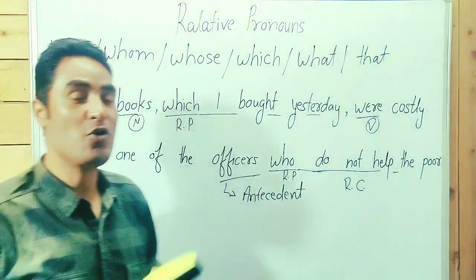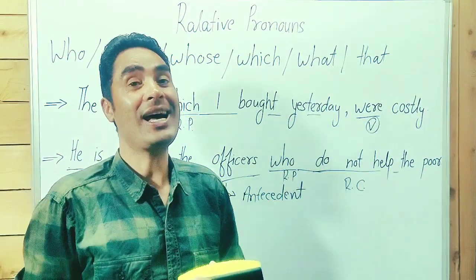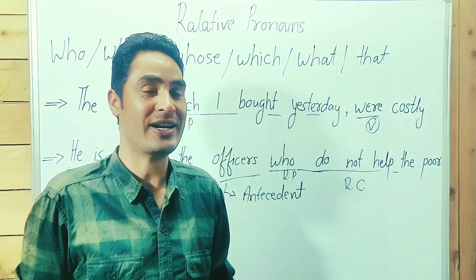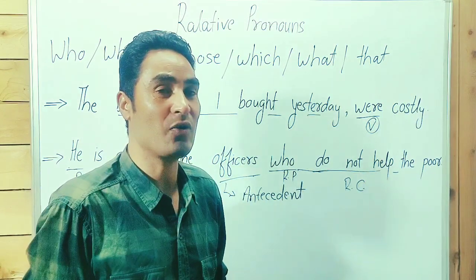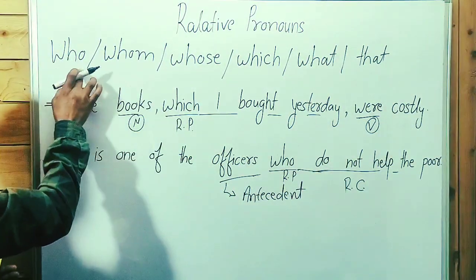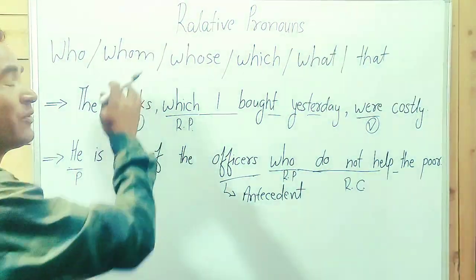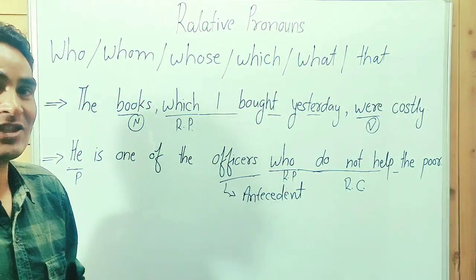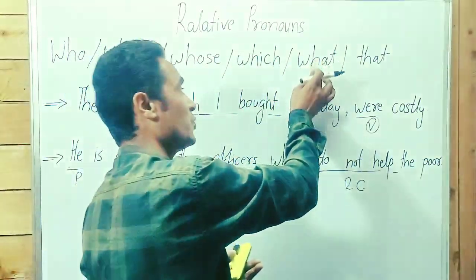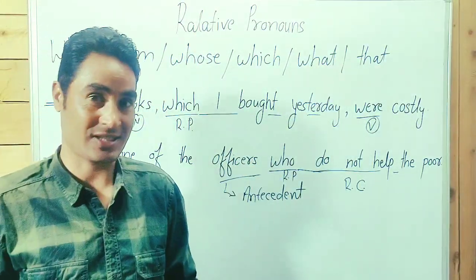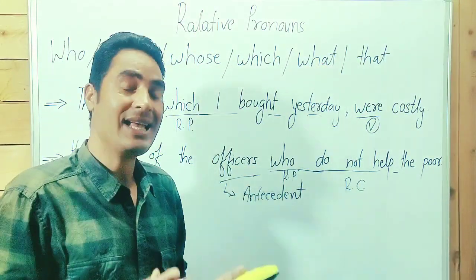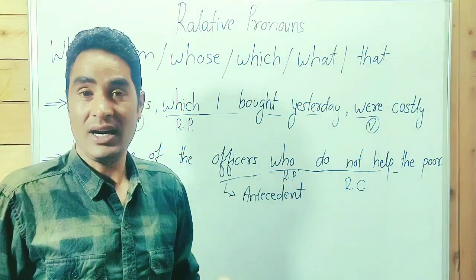Guys, you must have watched my previous video on interrogative pronouns. So now the question rises: who can be used as an interrogative pronoun, whom can be used as an interrogative pronoun, and whose, which, and what too.